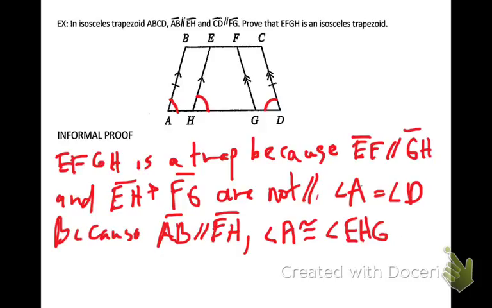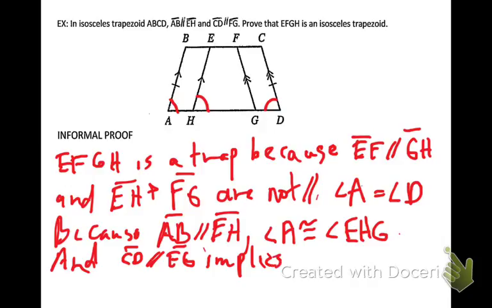And then we can do the same thing on the other side. And CD is parallel to FG, implies that angle D is congruent to angle FGH.